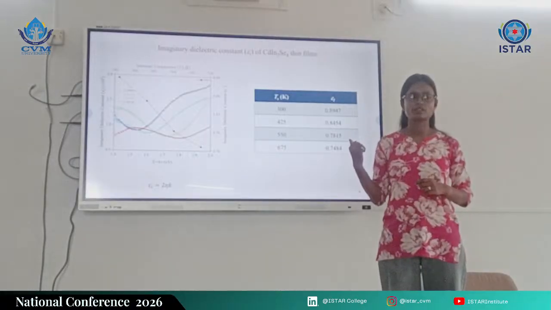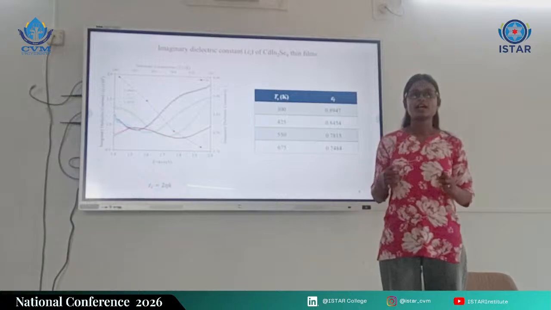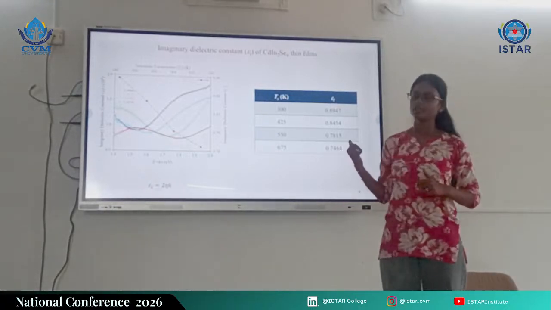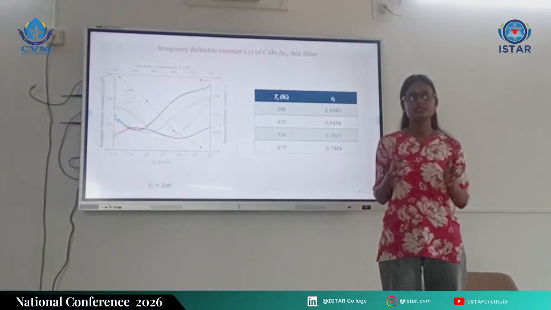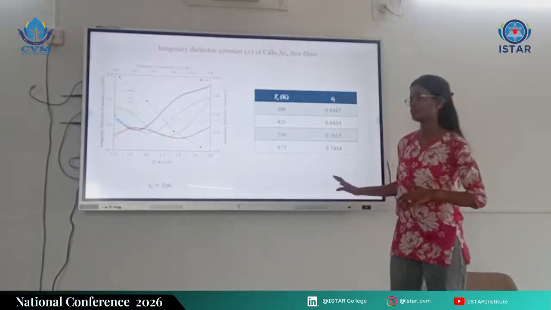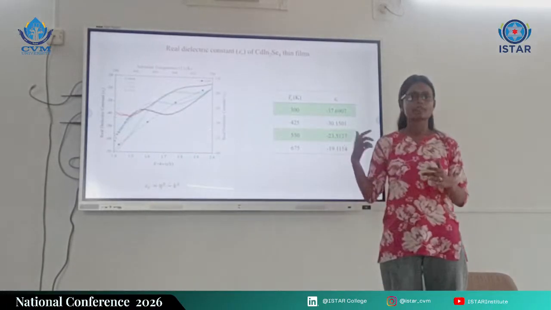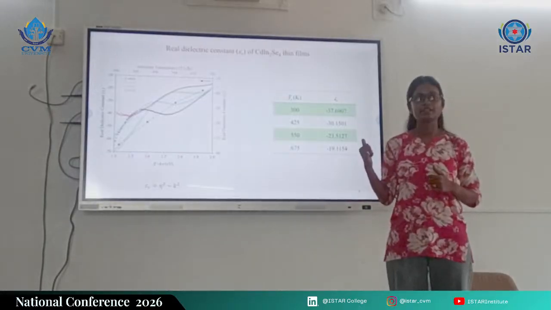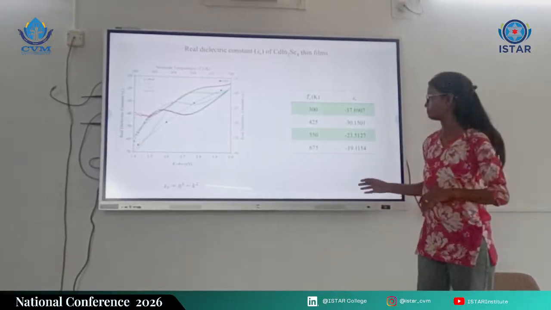Imaginary dielectric constant represents the energy loss within the material, and its variation with substrate temperature indicates modifications of electronic transitions, and the real dielectric constant also has a relation with the substrate temperature because of changes in polarization.